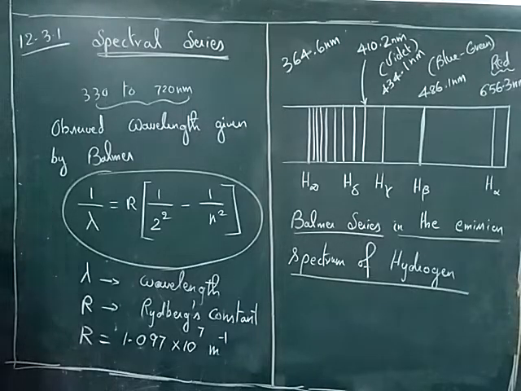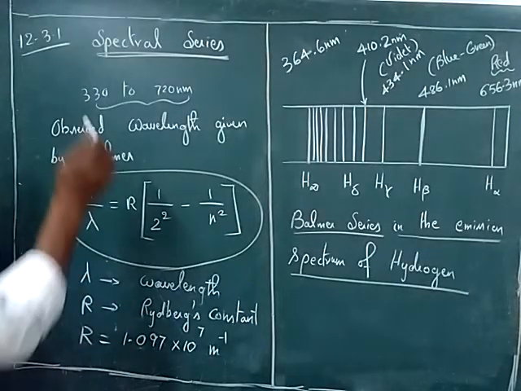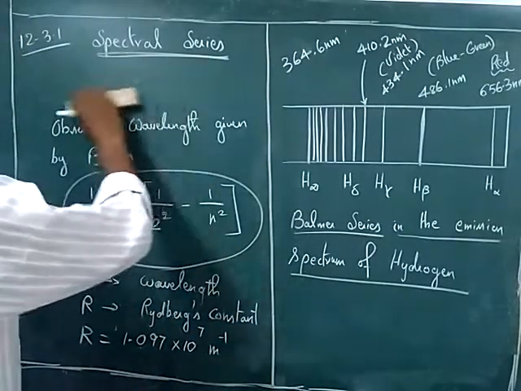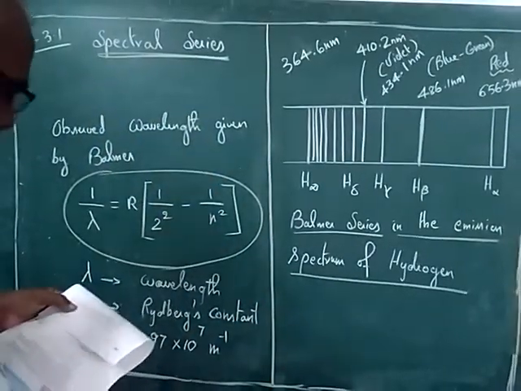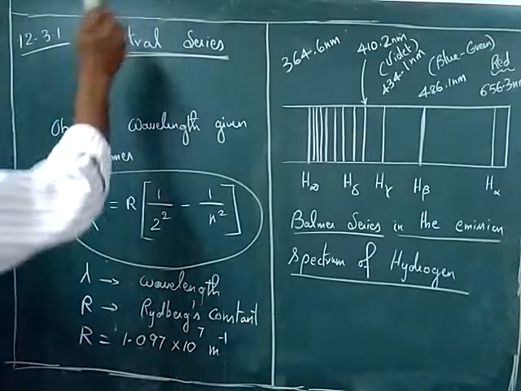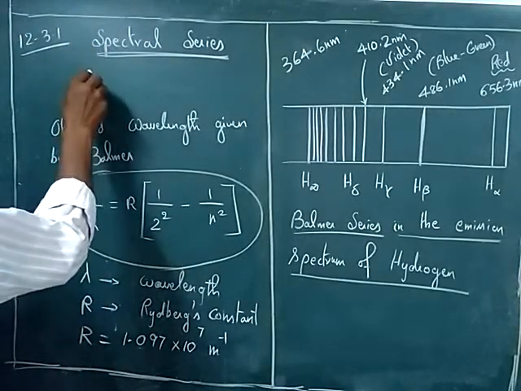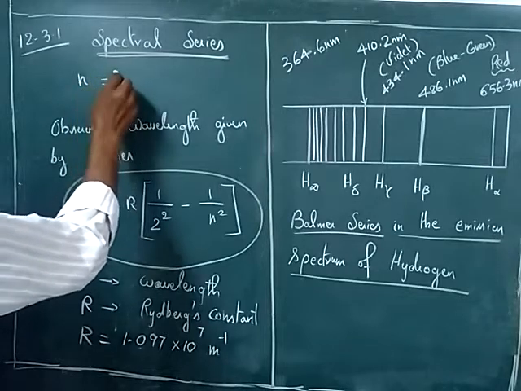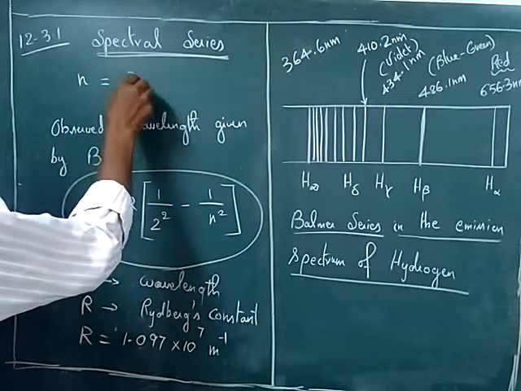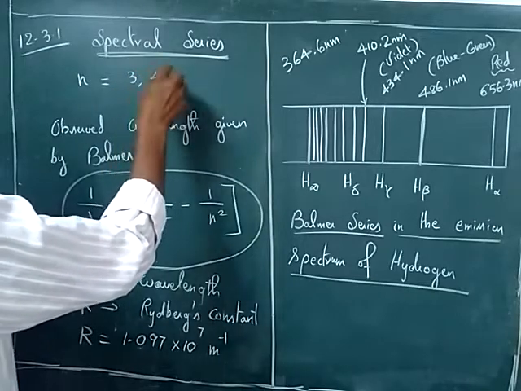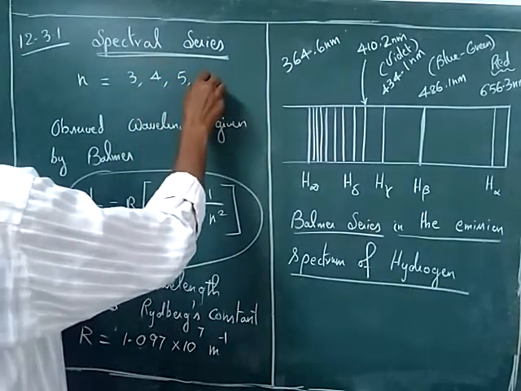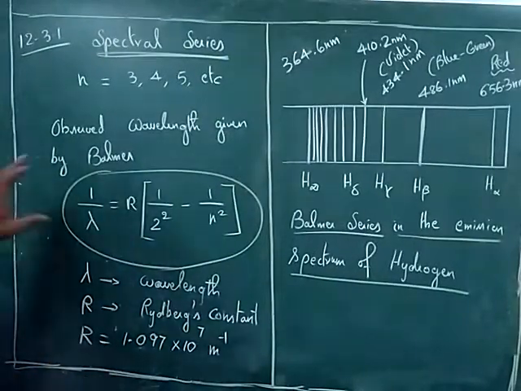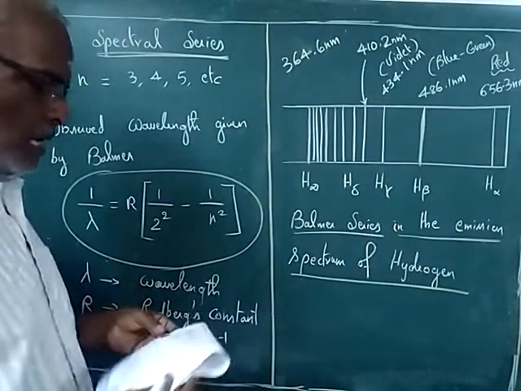And n can take integral values. n can be 3, 4, 5, etc. So this equation is also called as Balmer formula.